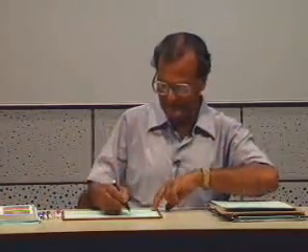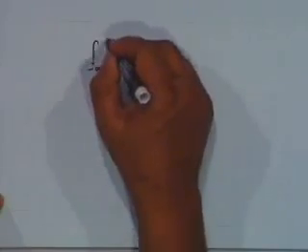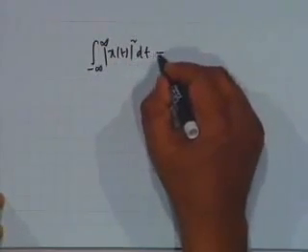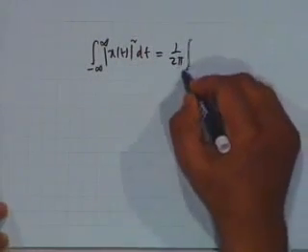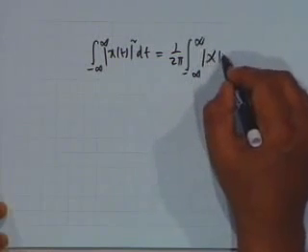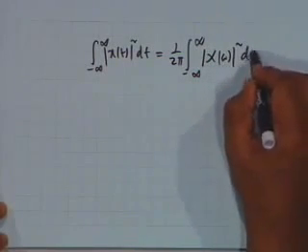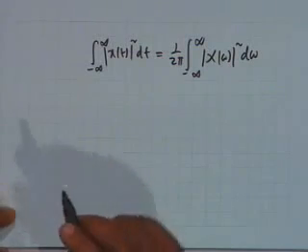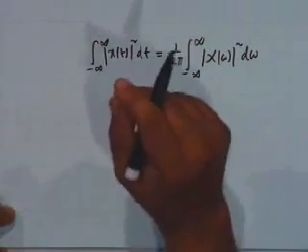Let me repeat Parseval's relation, that is the energy in the time domain, the integral of |x(t)|² dt, is equal to 1/2π times the integral from minus infinity to infinity of |X(ω)|² dω. It presumes that the signal has finite energy.